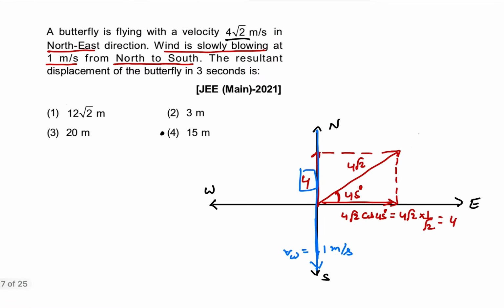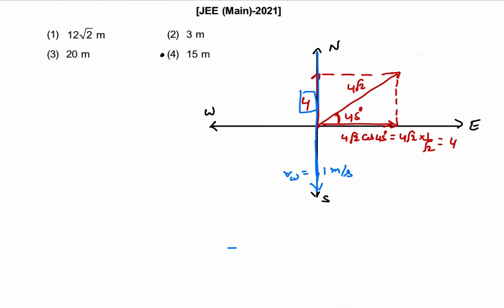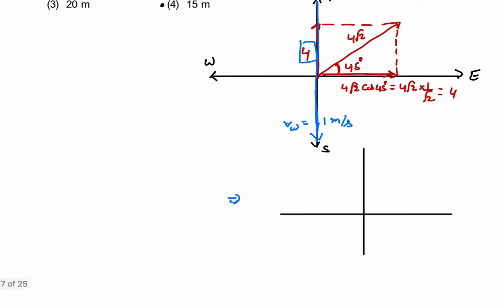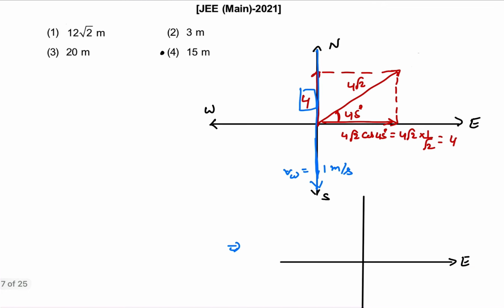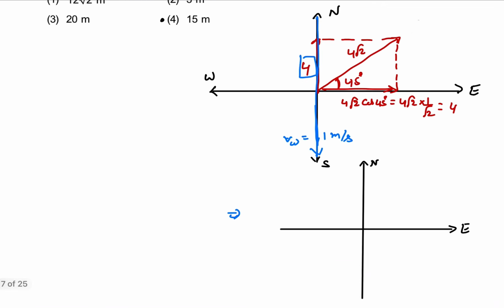Now we can see the net velocity of this butterfly along the given directions. The butterfly will move like this. This is the east direction, and this is the north direction.